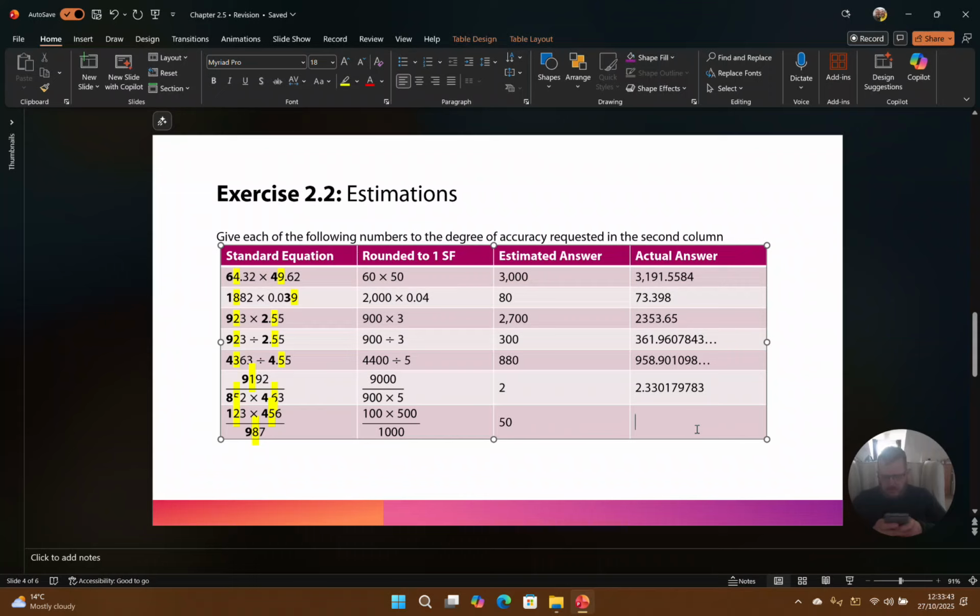Now let's go 123 times 456 over 987. And that's what we've got there. And that's the second exercise of this revision complete.